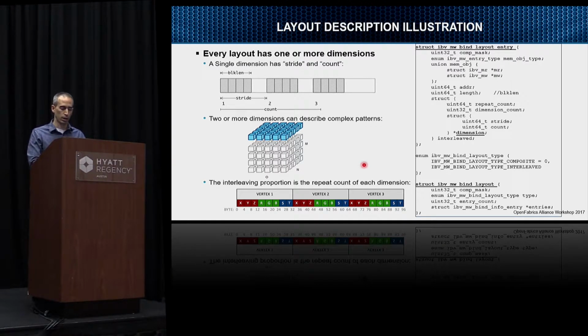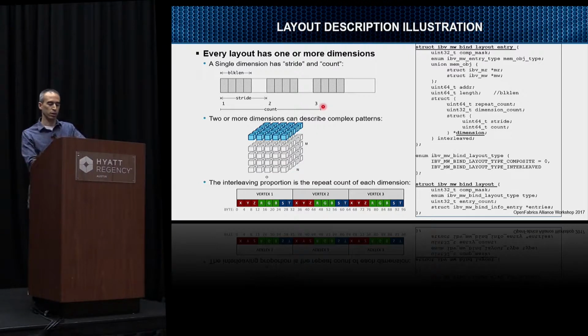So in a trivial case, in this example for instance, we would like to register a block with a length of say 4 bytes, and the stride is like 6 bytes, and we have 3 repeated occurrences of that block.